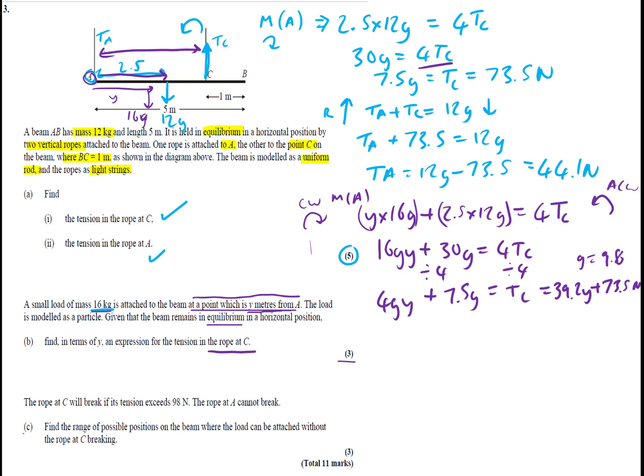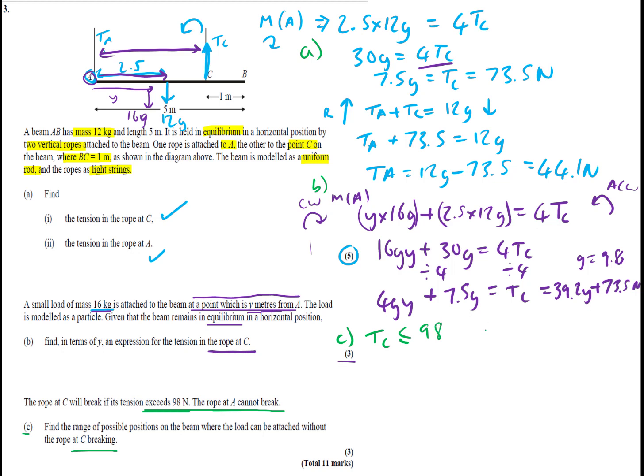Let's look at C. The rope at C will break if the tension exceeds 98. The rope at A cannot break. Find the range of possible positions on the beam where the load can be attached without the rope at C breaking. So TC, that's part C. Let's remember that was part B and that was part A. TC has to be less than or equal to 98.